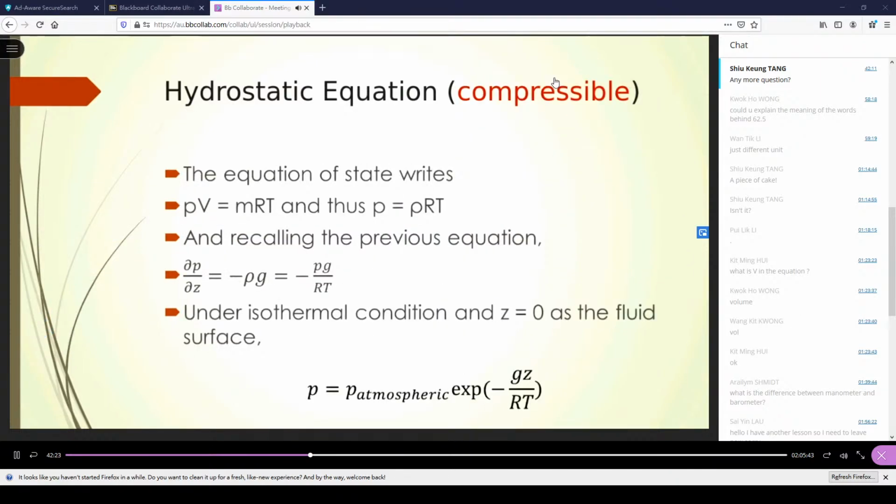Now, sometimes we may be dealing with some compressible gas, right? A perfect gas. But this is not needed now. I show this to you for completeness, right? In building applications, we don't have something like this.